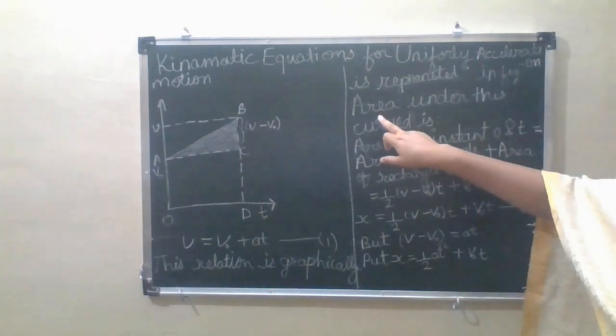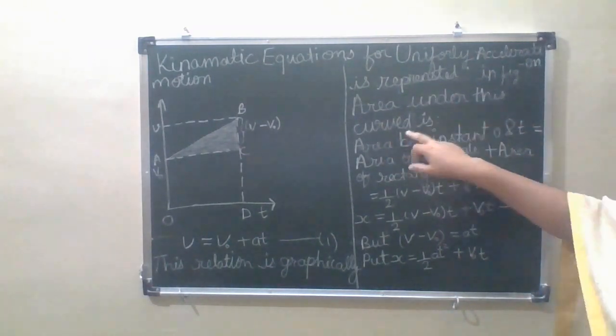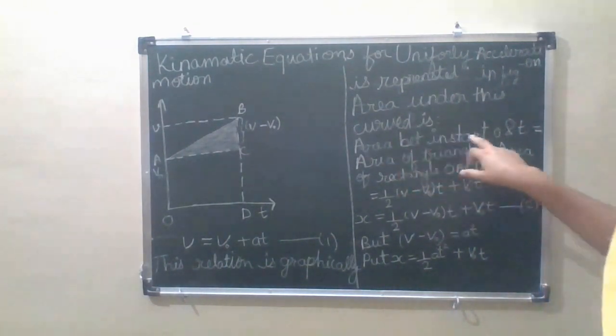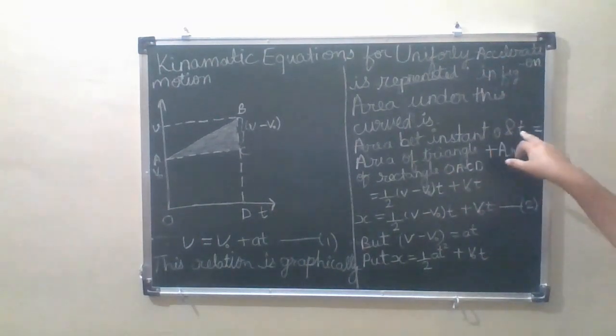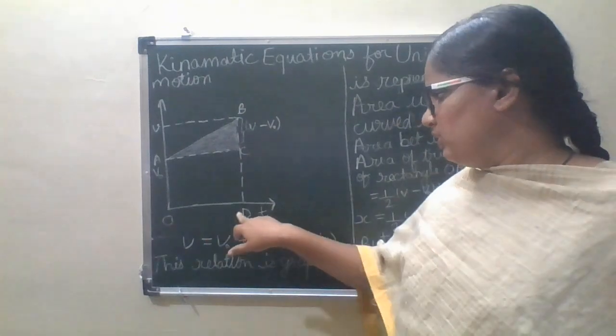Now the area under this curve is the area between the instants 0 to t.